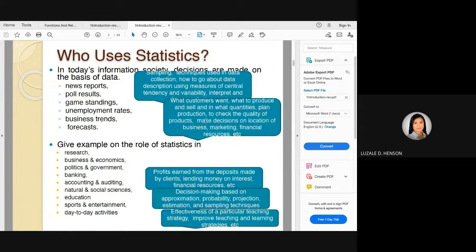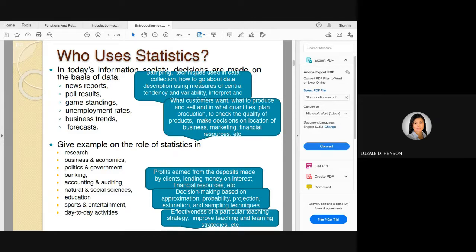Now, who uses statistics? There are several applications of statistics. It is a multidisciplinary subject. You use it in interpreting, or it can be used in some news reports, poll results, game standing, unemployment rates, if you're going to describe the trend of unemployment rates, and then business trends also and forecasts.